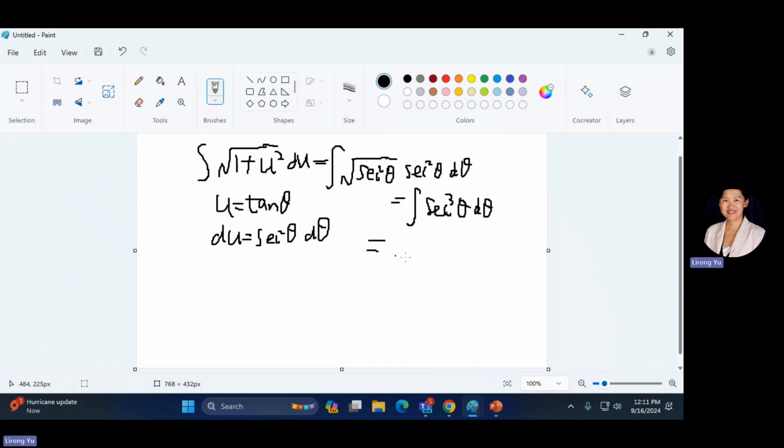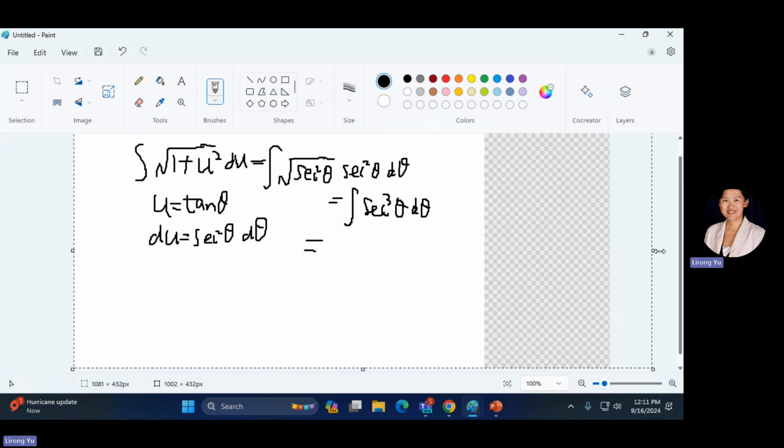And this is equal to, anybody remember the formula? I think it's secant theta tangent theta over 2. Was that right? You have it? I remember we derived the integration of secant theta.